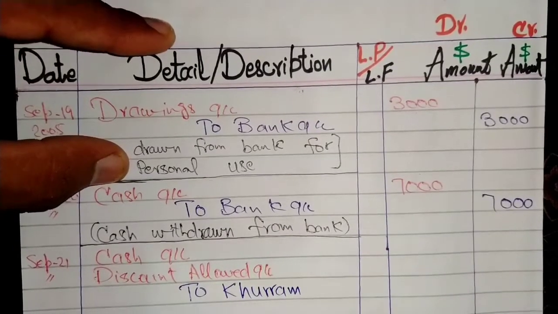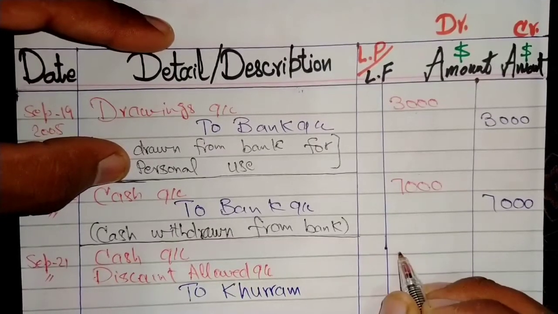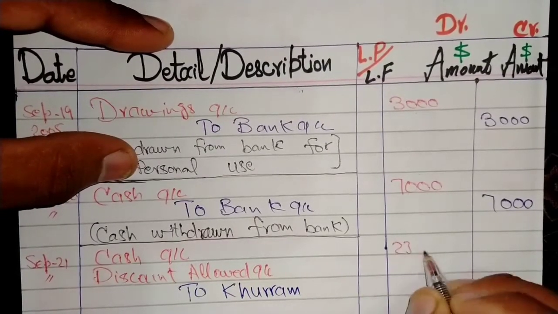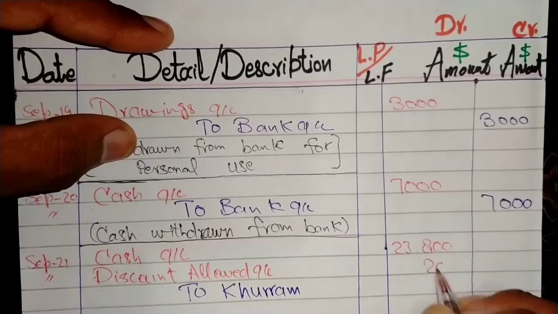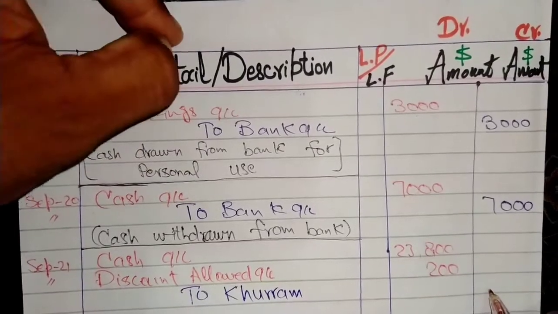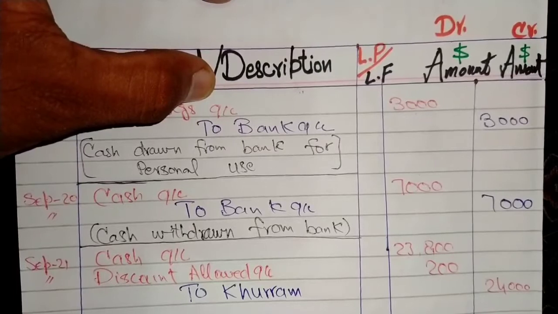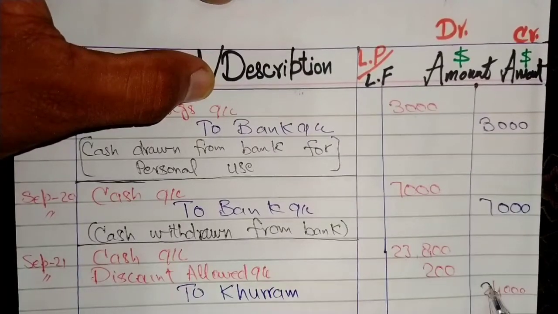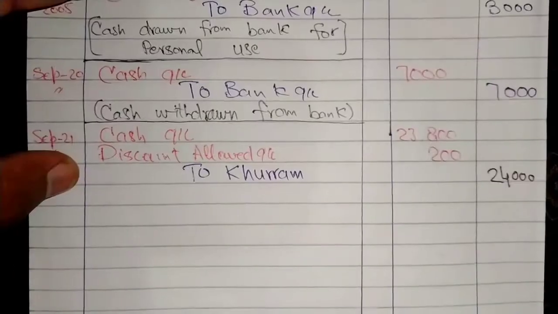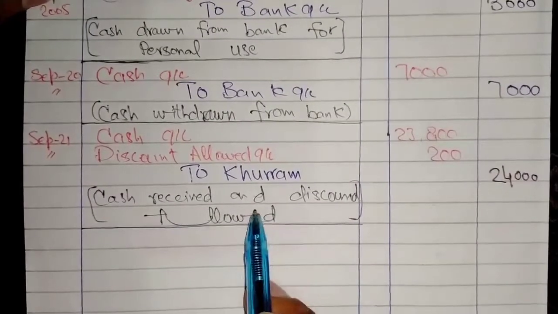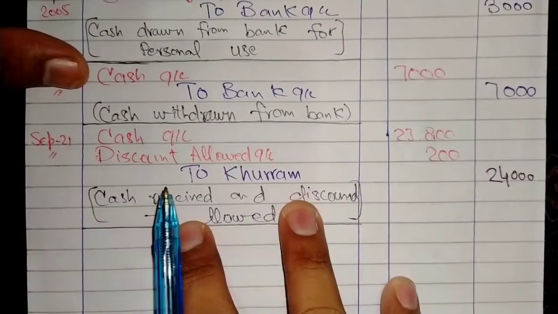Now we will enter the amounts of this entry: the actual cash now received by the business is $23,800, and the discount allowed is $200. The total receivables were $24,000 from Mr. Khurram. With description: cash received and discount allowed to Mr. Khurram. Okay. This entry has been completed here.